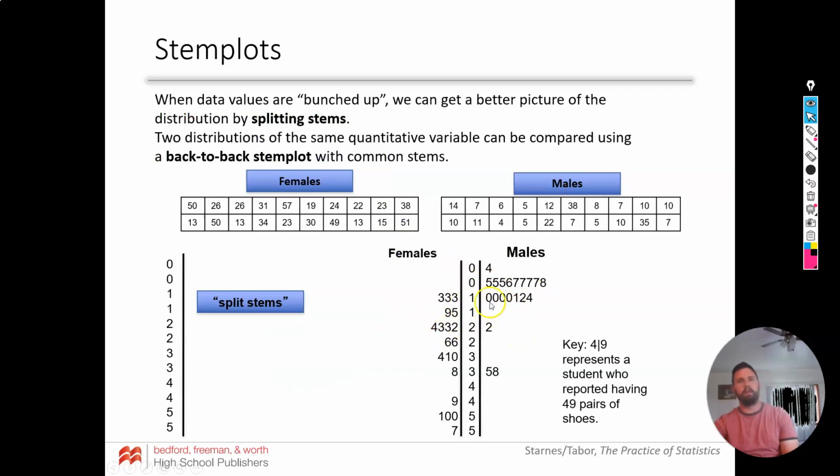Any data between 0 and 4 goes on that one. Any data between 5 and 9 goes to the next stem. And we also have females on one side, males on the other, so we can compare the distributions. Like a dot plot at this point. Am I a huge fan of stem plots? No, dot plots are always my favorite to go to.